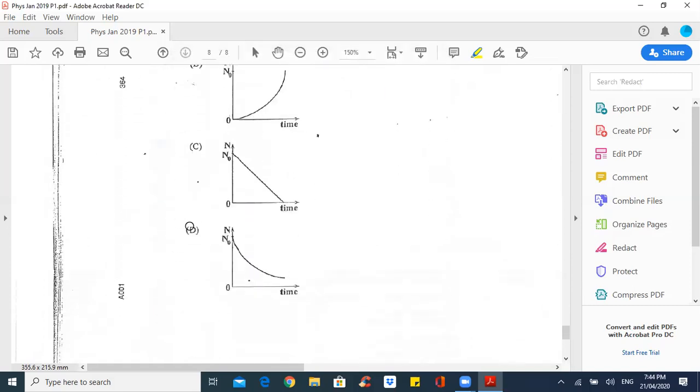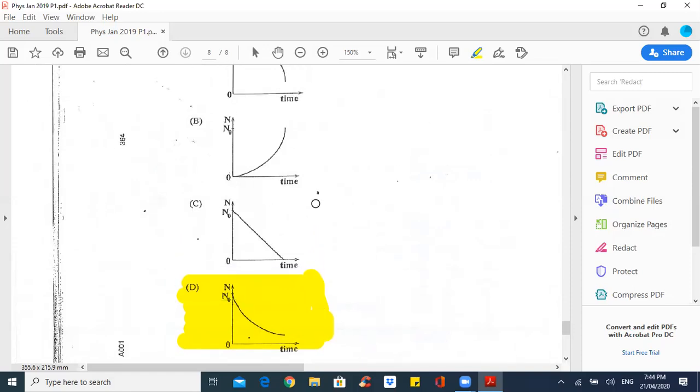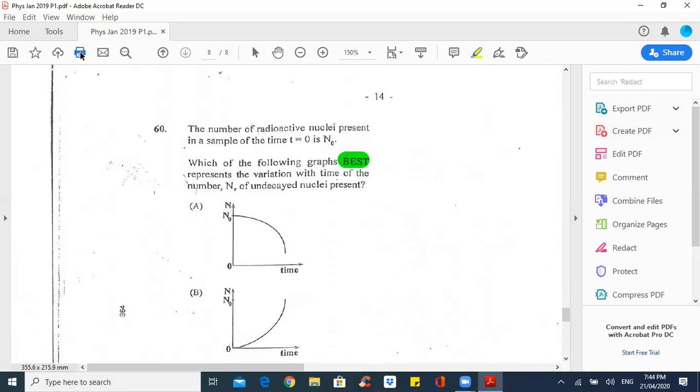Your answer should be D, for decay, right? Because we had done this in the graph. All right, so the answer is D for that as well.